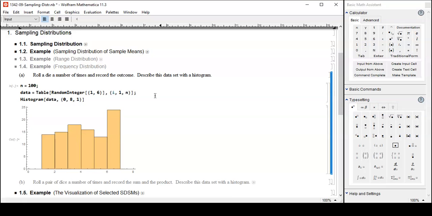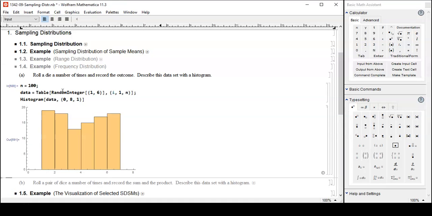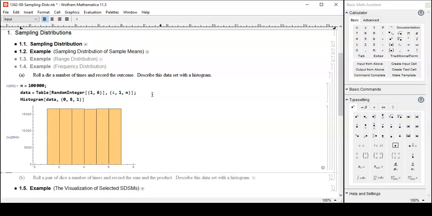Another one, okay, this one is really trivial. Roll a die many times and then get the frequency. What do you think? Do you see any pattern? Now, what pattern do we expect? Of course, pretty much uniform.